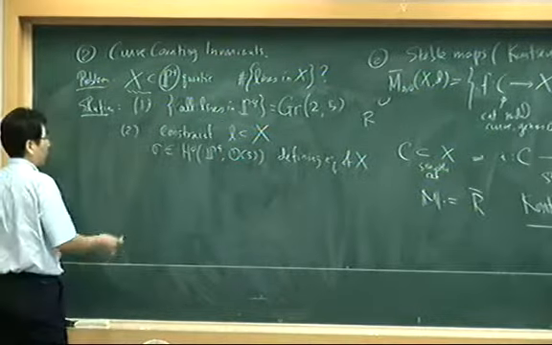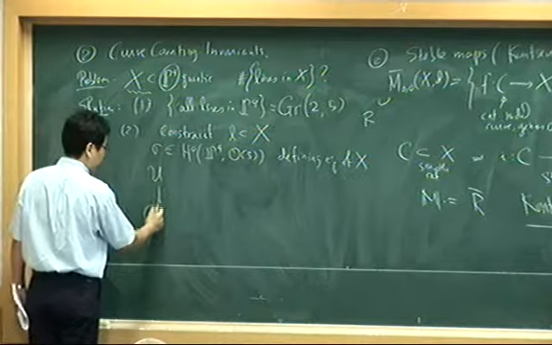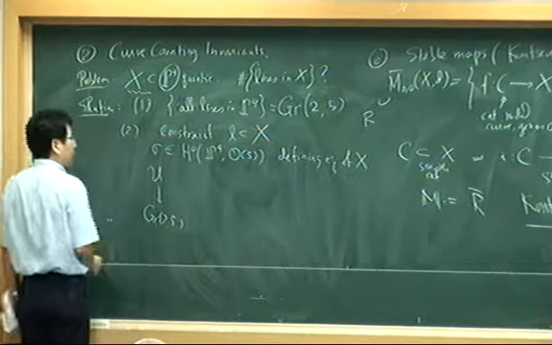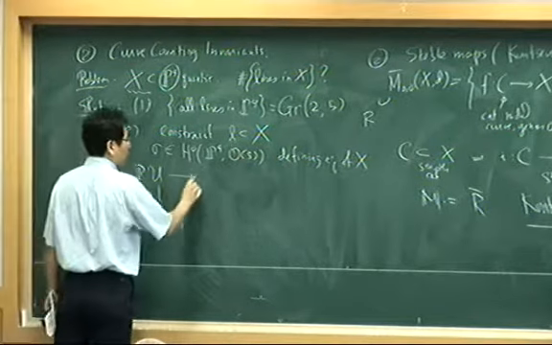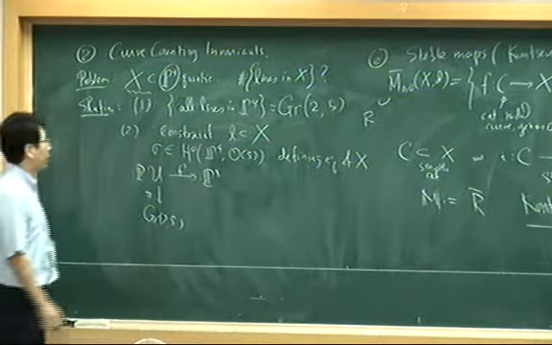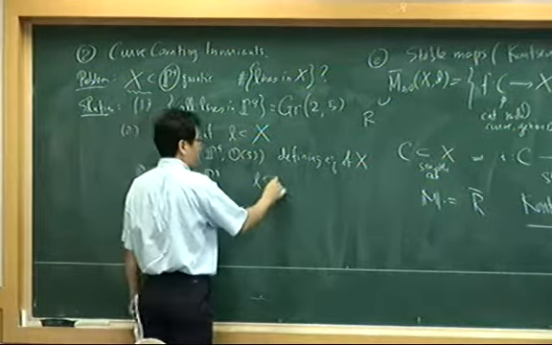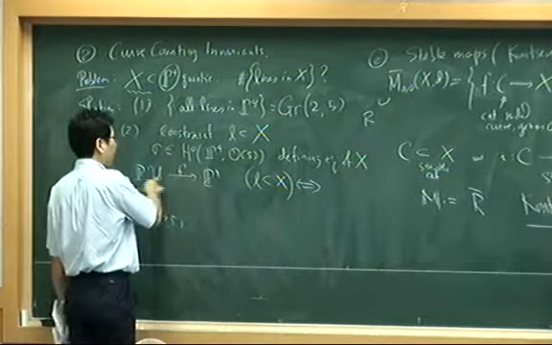Then you think about the universal rank 2 bundle over the Grassmannian GR25, and projectivize it. Let's call the projection pi. And there is a universal morphism F to P4. Then you think about the constraint: L belongs to X. What does that mean? It is equivalent to saying that the defining equation should vanish.